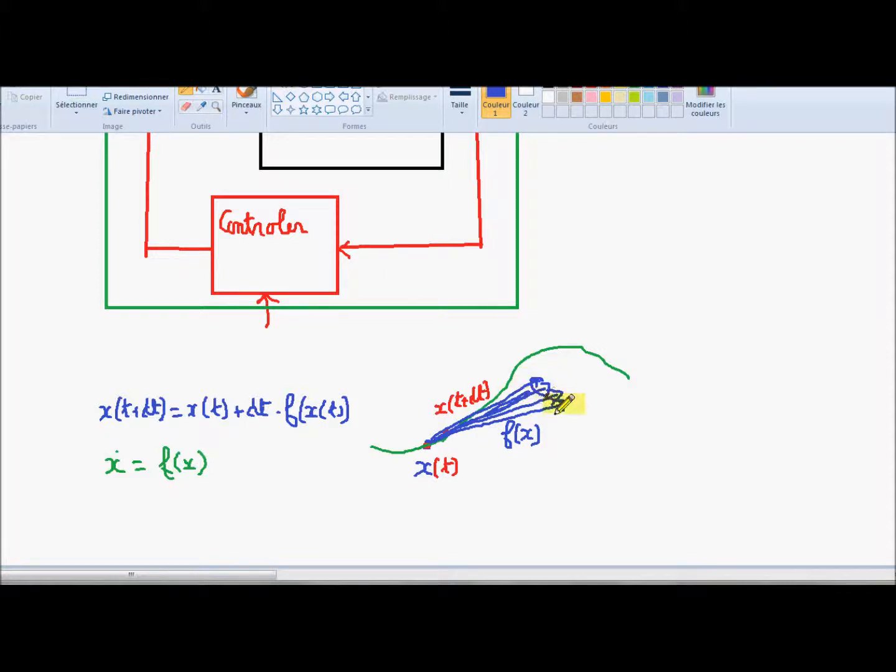So when I have uncertainty, I will call it F of x, and I will not have anymore x dot exactly equal to f of x, but x dot belongs to F of x. So I'm not totally deterministic. So it is more difficult to integrate. It's not anymore possible to integrate a trajectory, but it corresponds to the reality where I have some uncertainties.